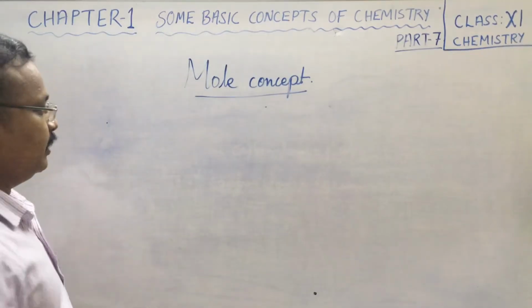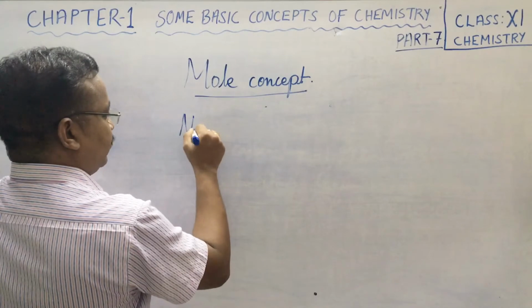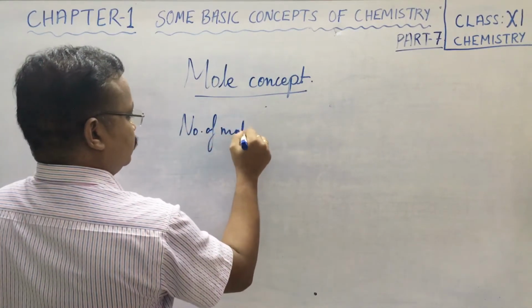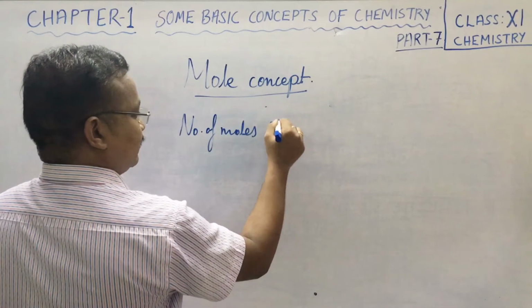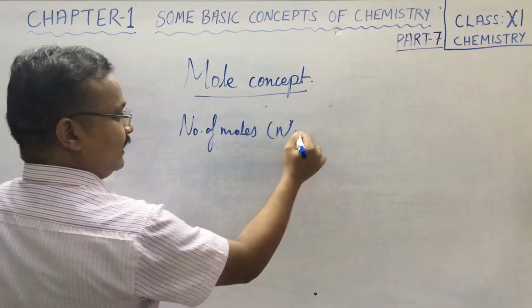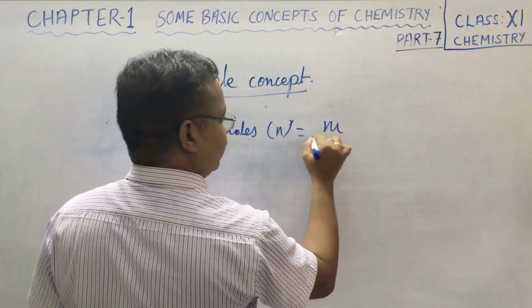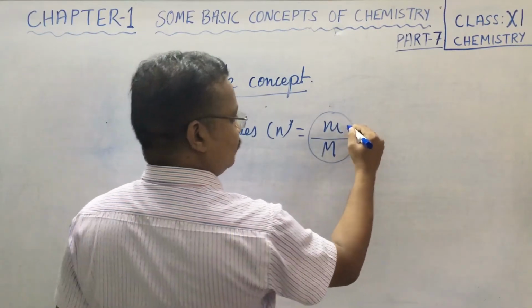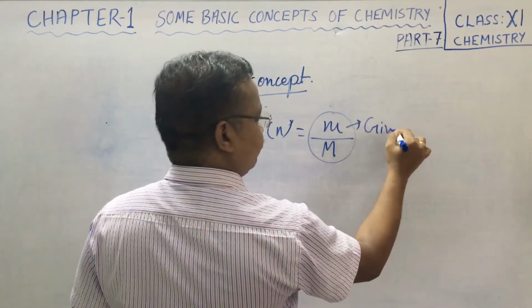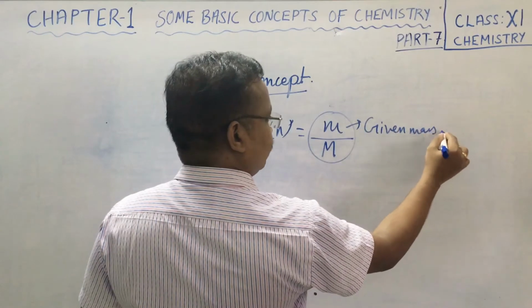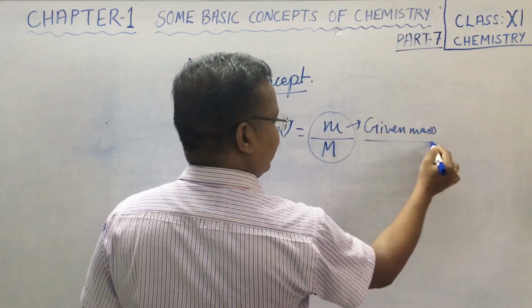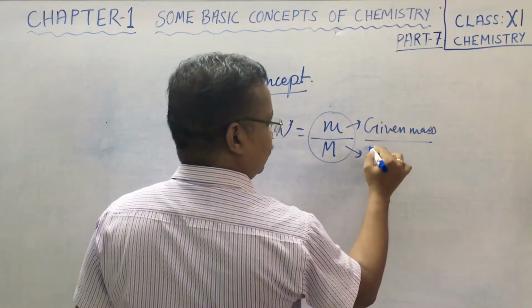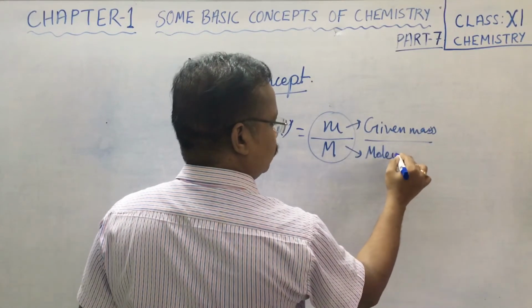Children, listen here. Number of moles can be calculated. Number of moles is represented as small letter n. n is equal to small m divided by capital M, in which this m represents our given mass, the given mass of the substance, when you divide with molecular mass.